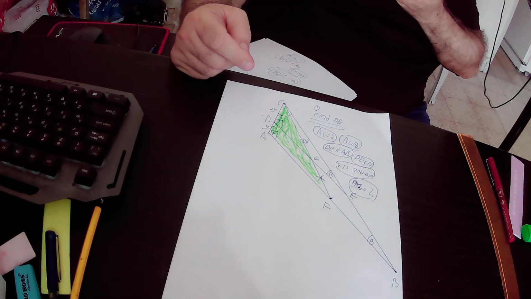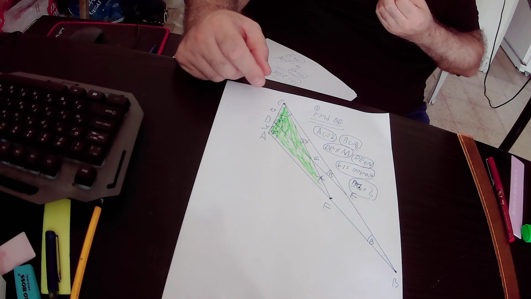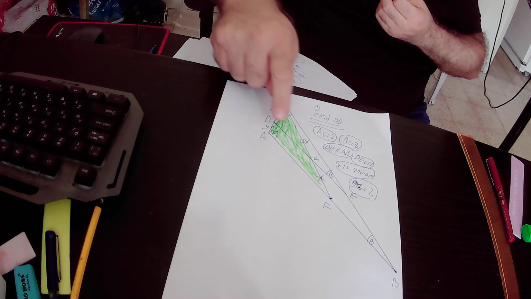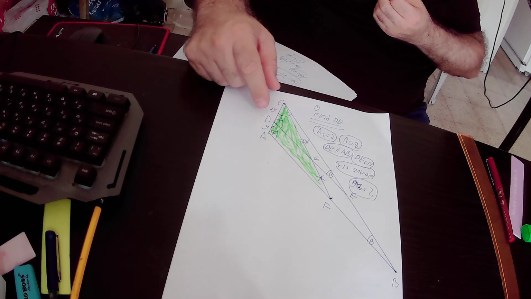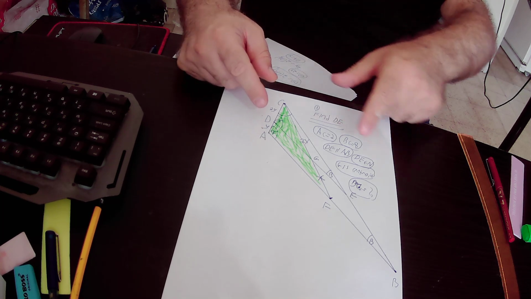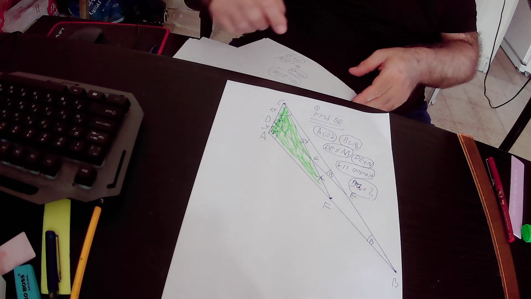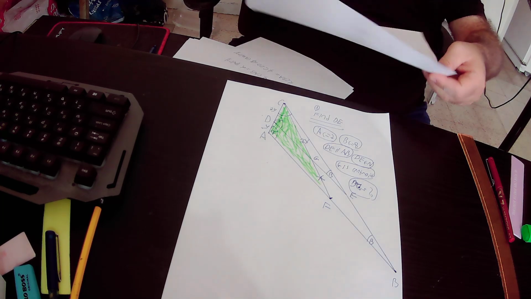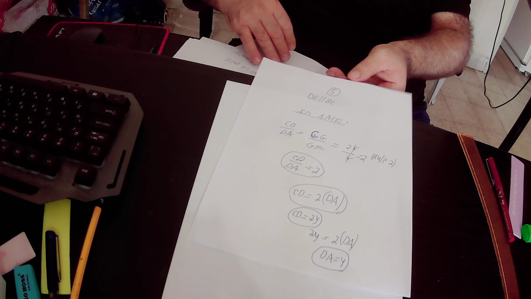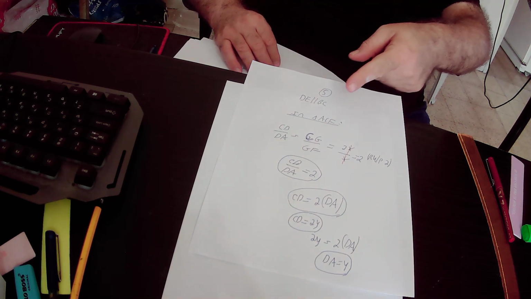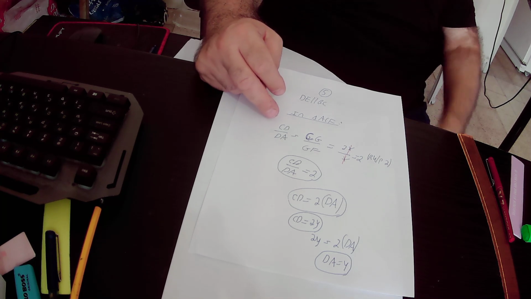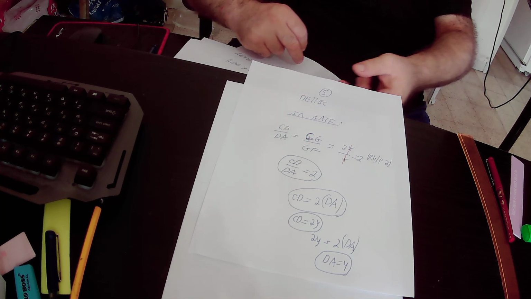According to rule number 2, if we relate to the green triangle, triangle ACF, CD over DA will be equal to CG over GF.